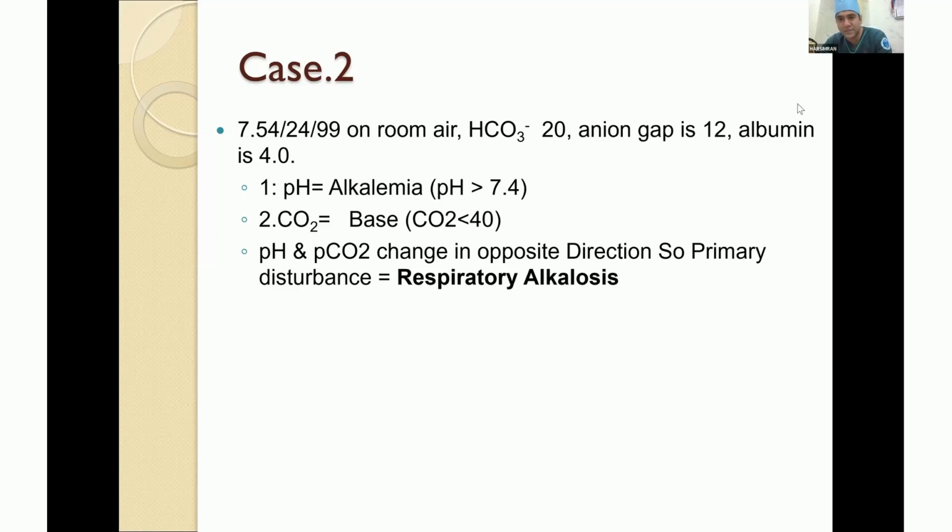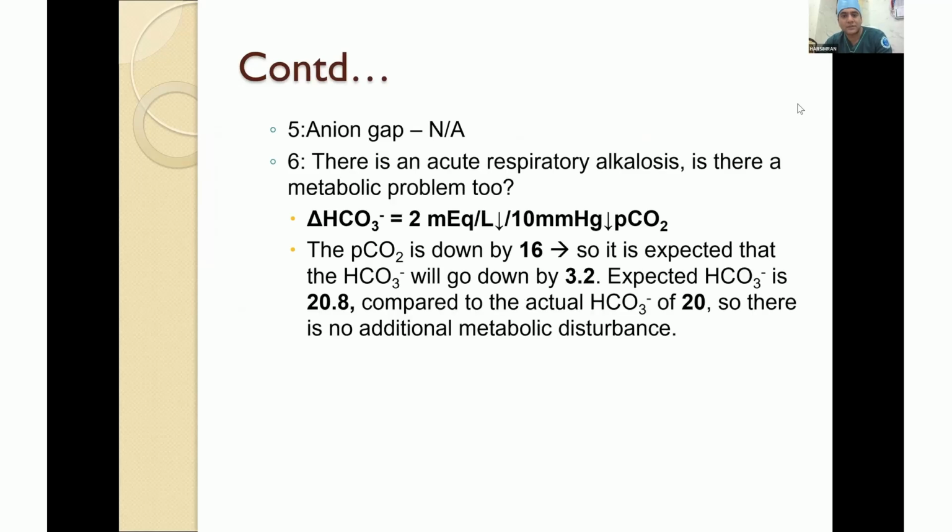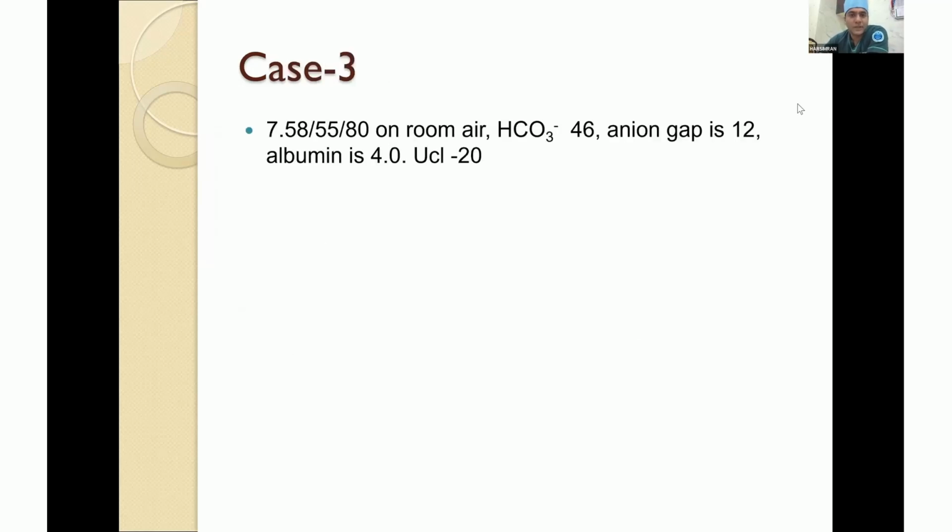Then you see whether it is just respiratory or not. Again applying the same formulas, again it is acute respiratory alkalosis. So this is the case of acute respiratory alkalosis. Then coming to case 3, pH of 7.58, bicarbonate 46, then PCO2 of 55, PO2 of 80.